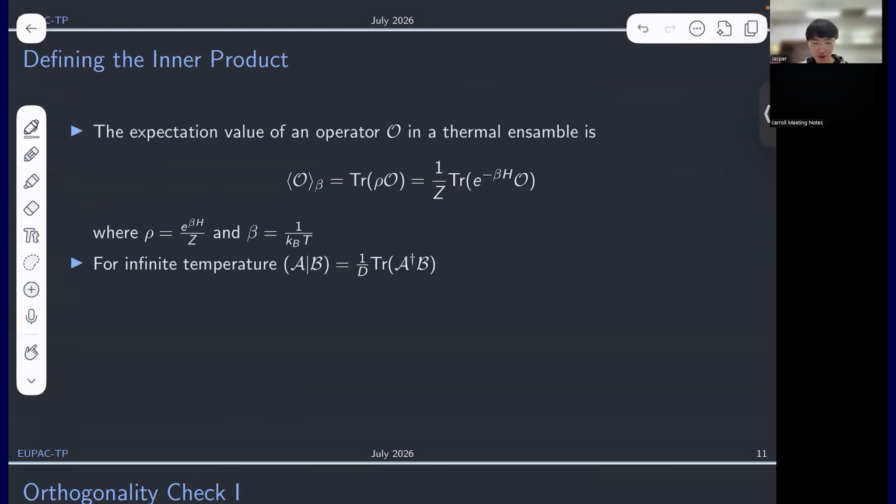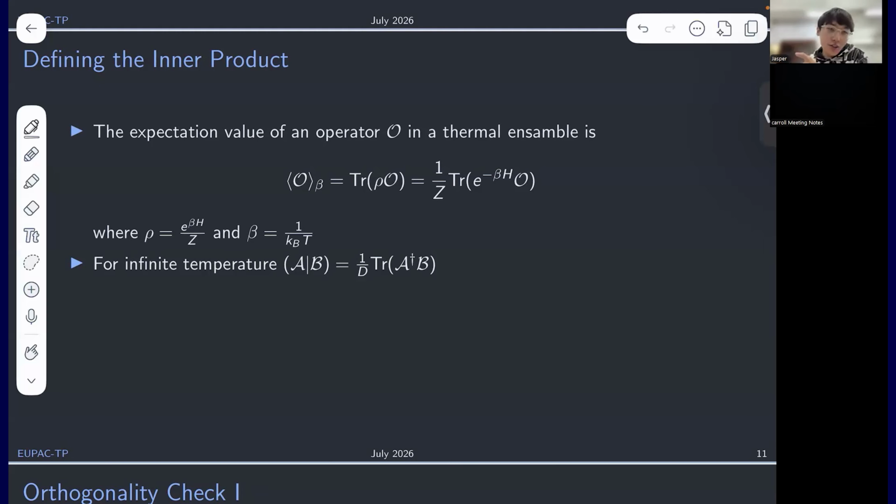Before we move on to anything else, I want to define a certain inner product in this operator Hilbert space. Sorry, I forgot the name of this definition.